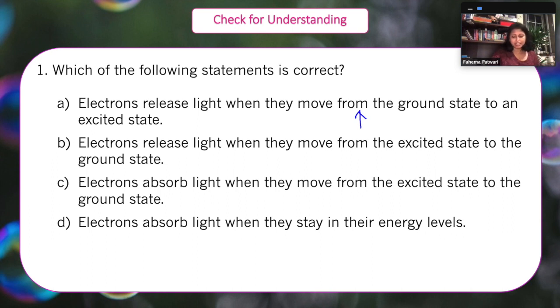They must gain energy to move to a higher energy level, to become excited. So they cannot release light for that. They have to absorb light. All right, let's try B. They release light when they move from excited to ground, right? From excited down to the ground. They go from high energy to low energy, so they lost energy in the form of light. So that's correct.